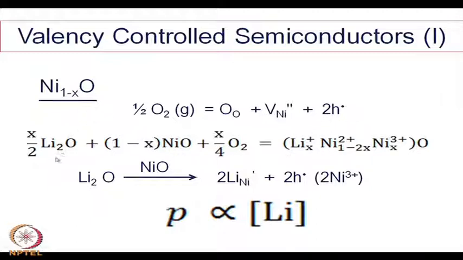Now, in that we have added Li2O. Li2O is a lithium oxide with lithium having a monovalent or single positive charge compared to Ni's double positive charge. That is why we add about x/2 moles of Li2O to (1-x) NiO and then some oxygen.